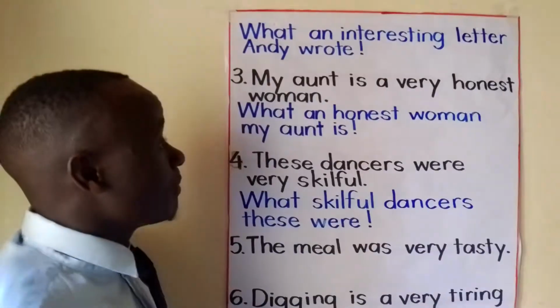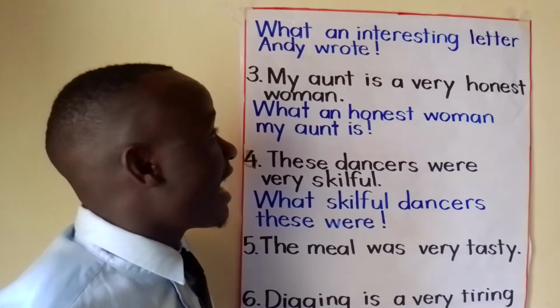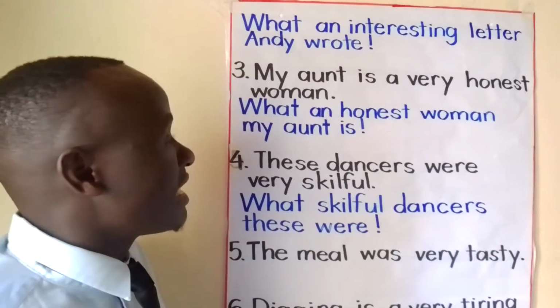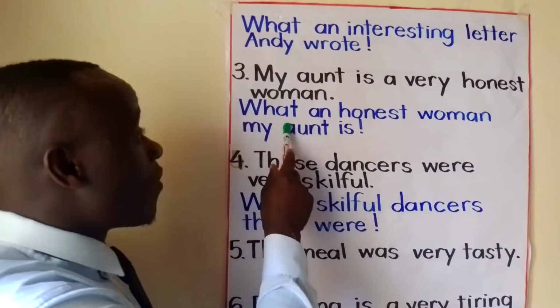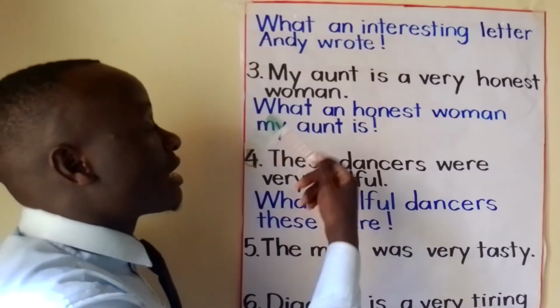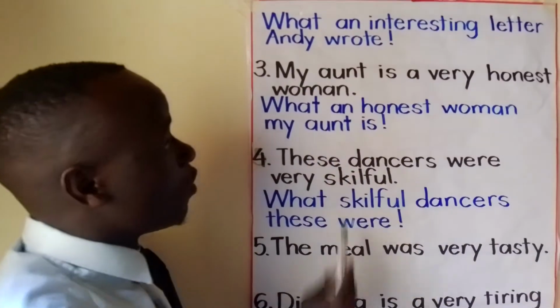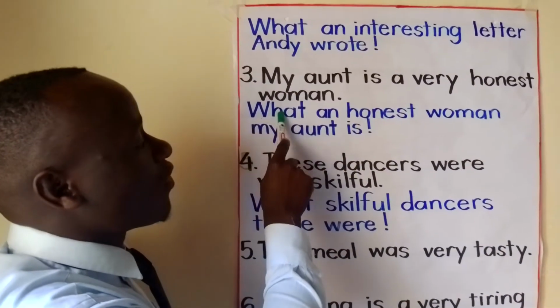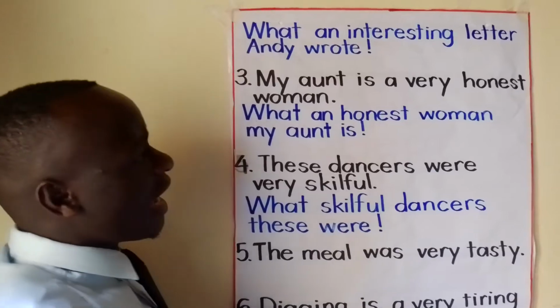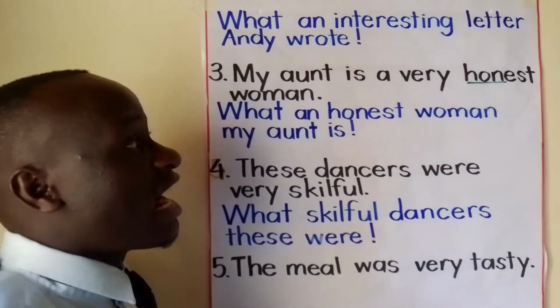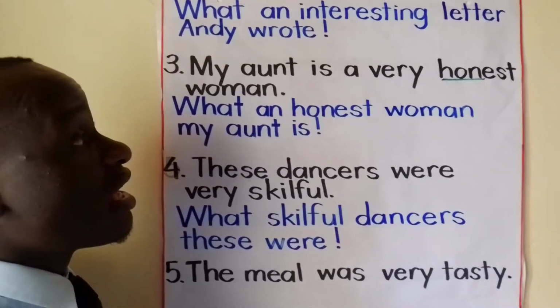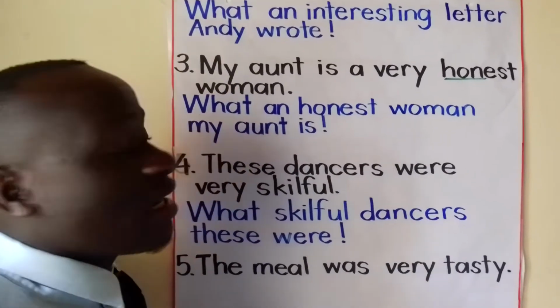Number 3, my aunt is a very honest woman. So, changing the sentence into an exclamatory one, we shall begin with what. What is followed by an article. And this adjective, honest, begins with a vowel sound.